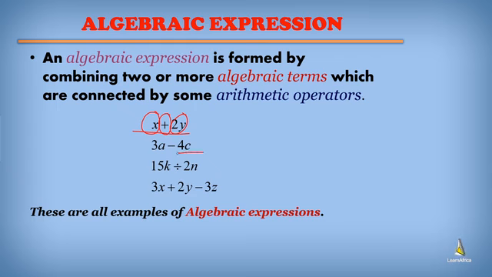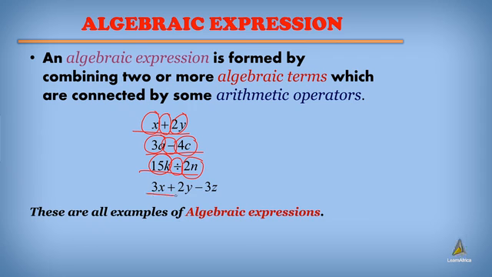We also have another algebraic expression here where we have two terms, 3a and 4c, connected by a minus sign. We also have another algebraic expression, 15k and 2n, connected by the division sign, or the division operator.